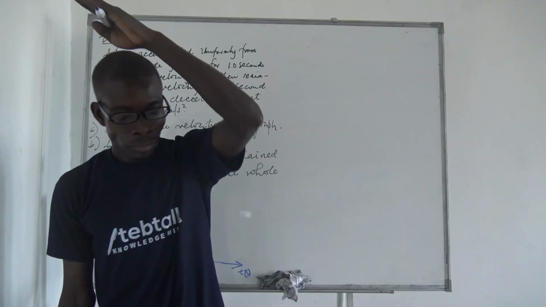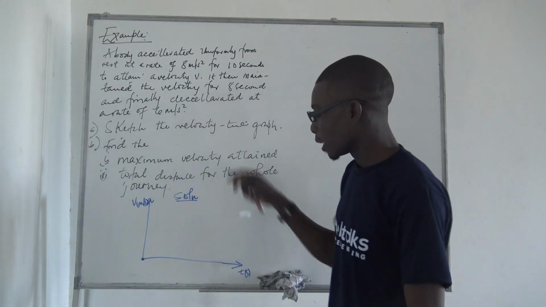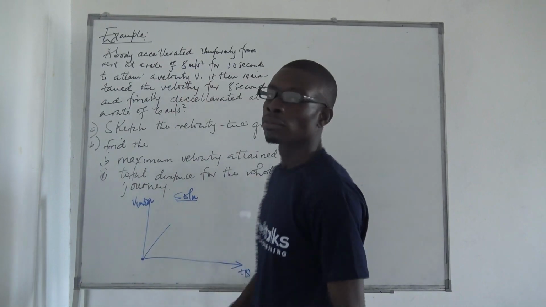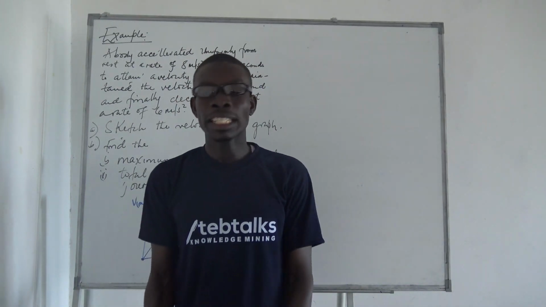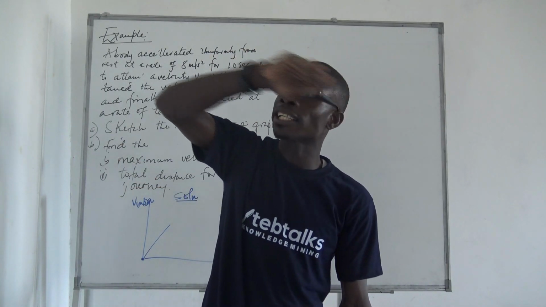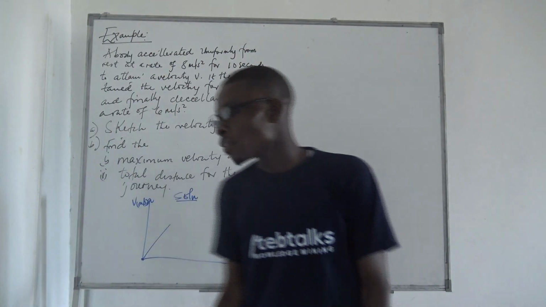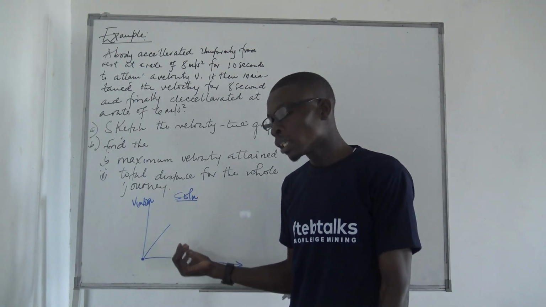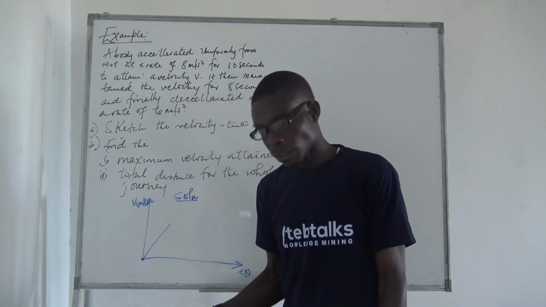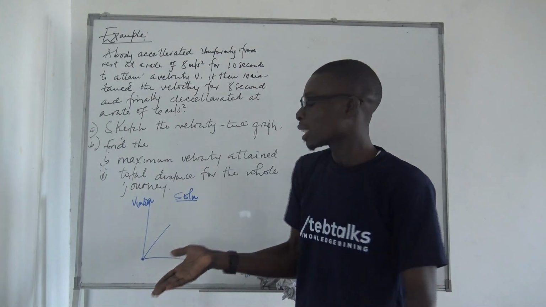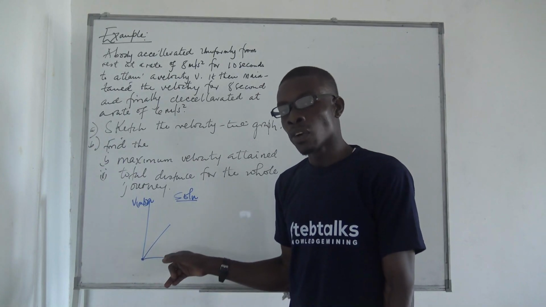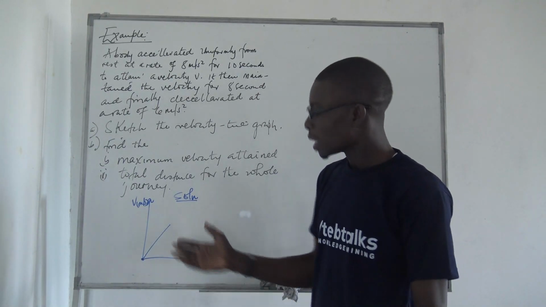We looked at that: velocity time graph for a body which is accelerating is a line with a positive gradient. If it is accelerating from origin, the line begins at origin with a positive gradient.